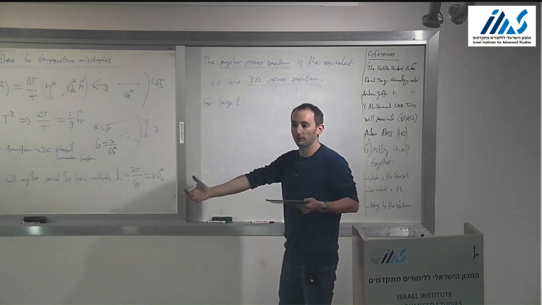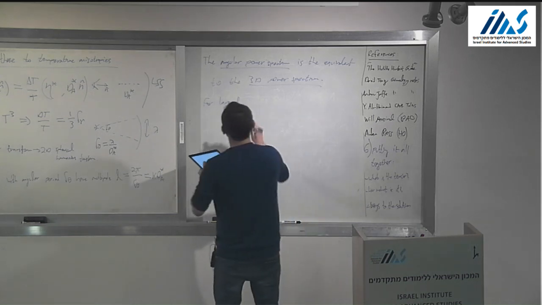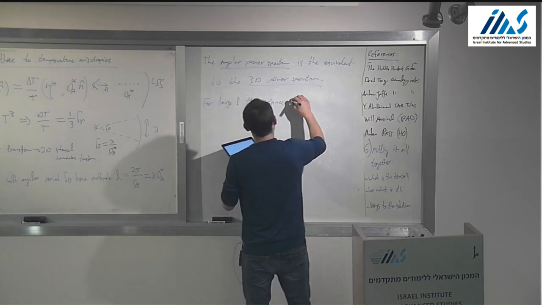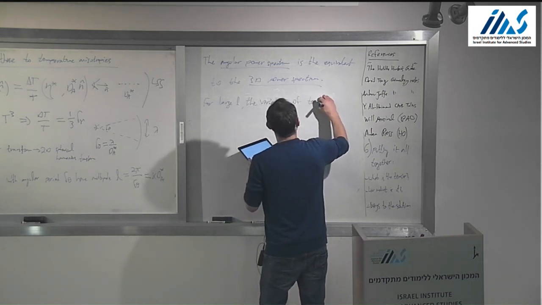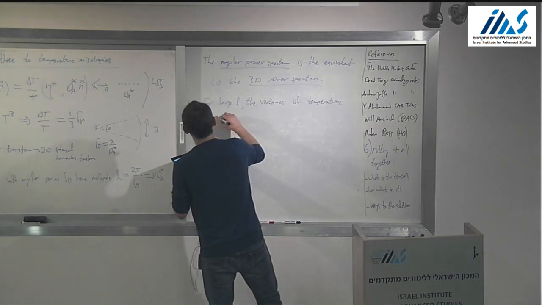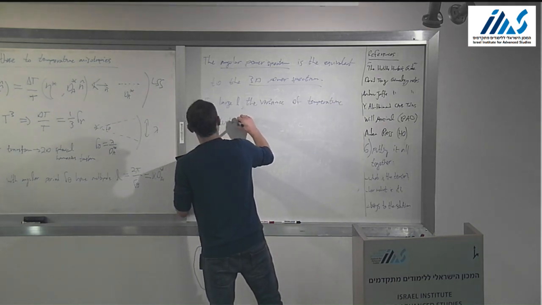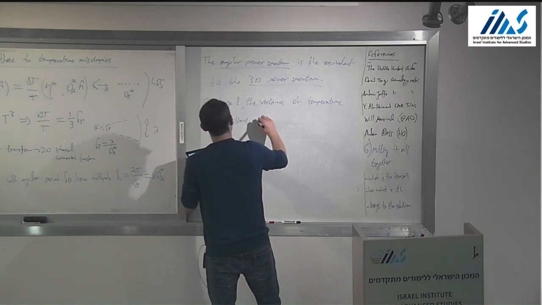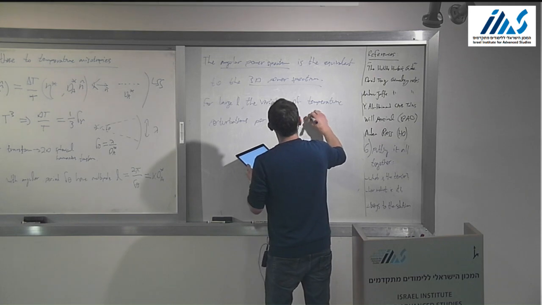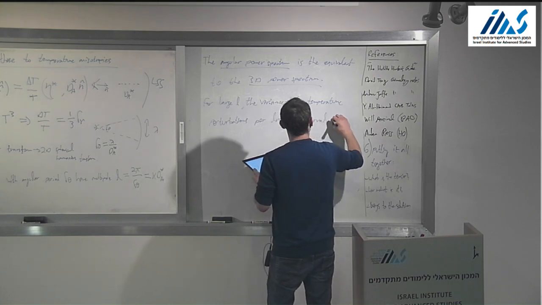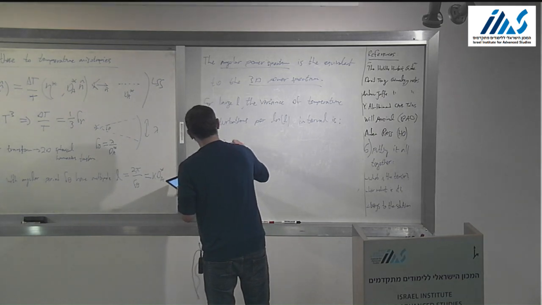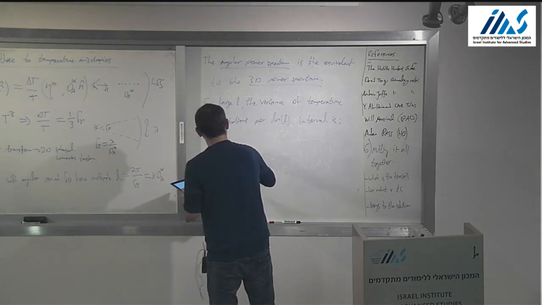That's the regime in which we solved the equations to begin with. So for large L, the variance of temperature perturbations per log L interval is L plus 1 over 2 pi C sub L.